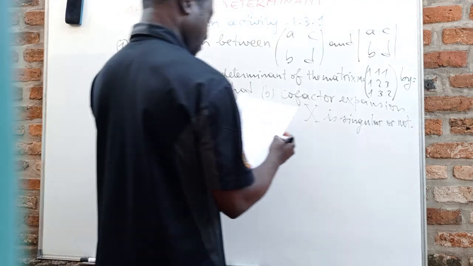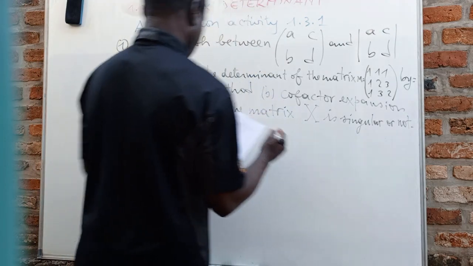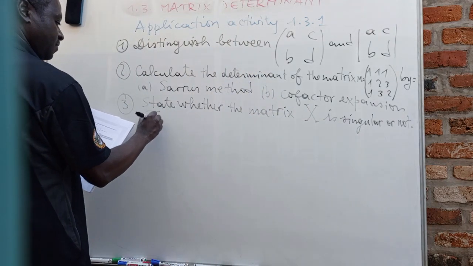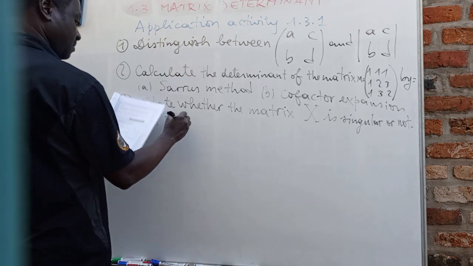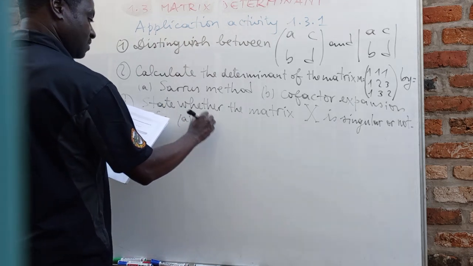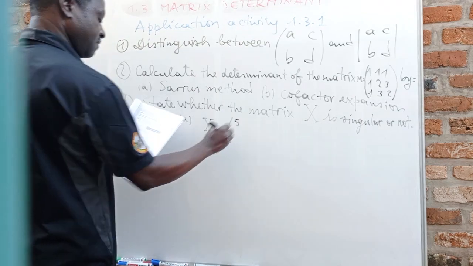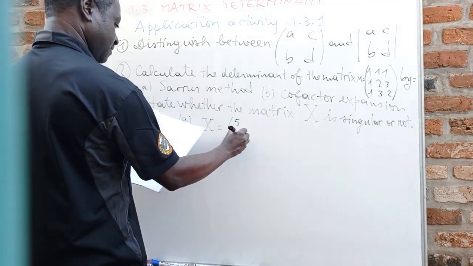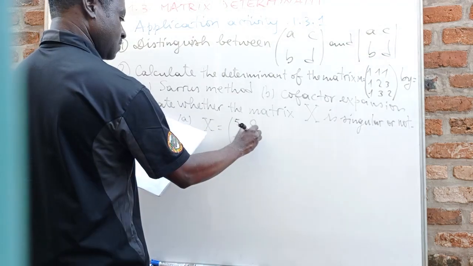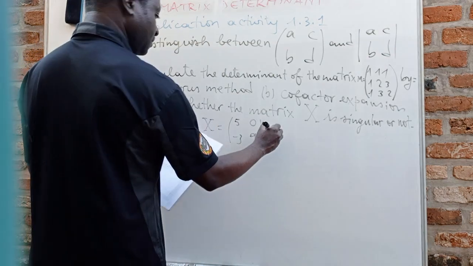Sub question A, this matrix is a 2 by 2 matrix given by the coefficients 5, -3, 0, 9.